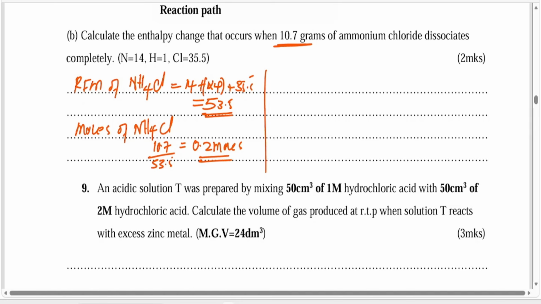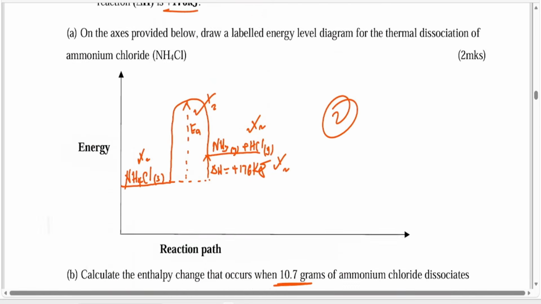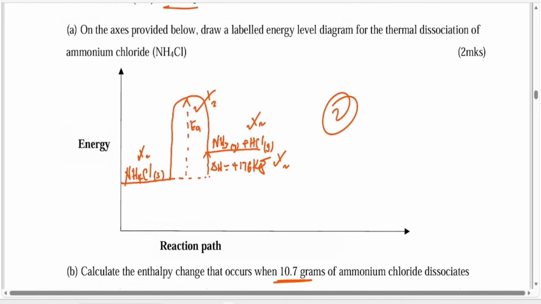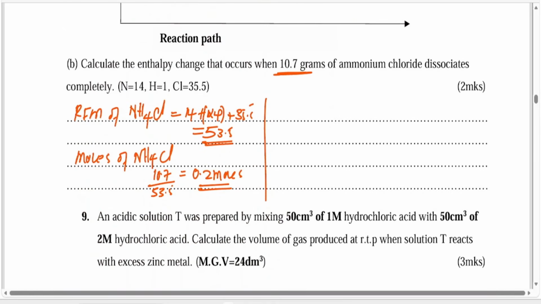We are being asked to calculate the enthalpy change. We already have the enthalpy change that is equivalent to 1 mole, because we have been told that when 1 mole of ammonium chloride dissociates on heating, the enthalpy change for the reaction is 176 kilojoules. So it is in 1 mole.